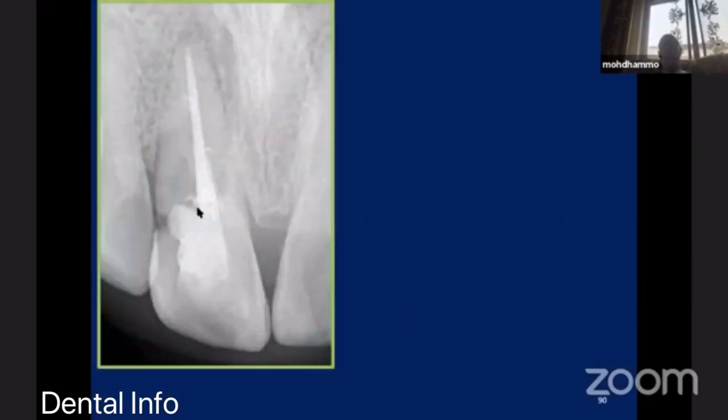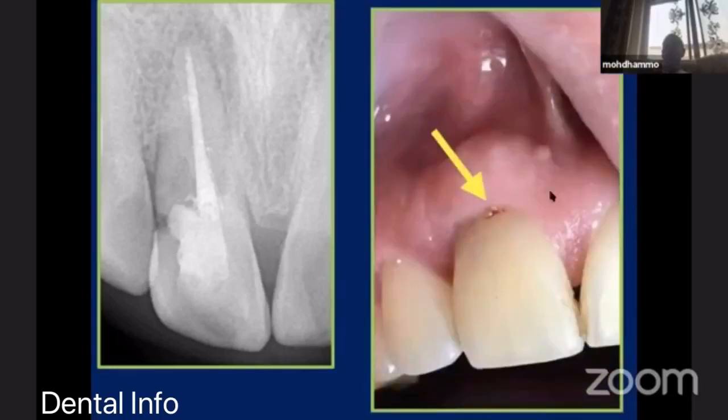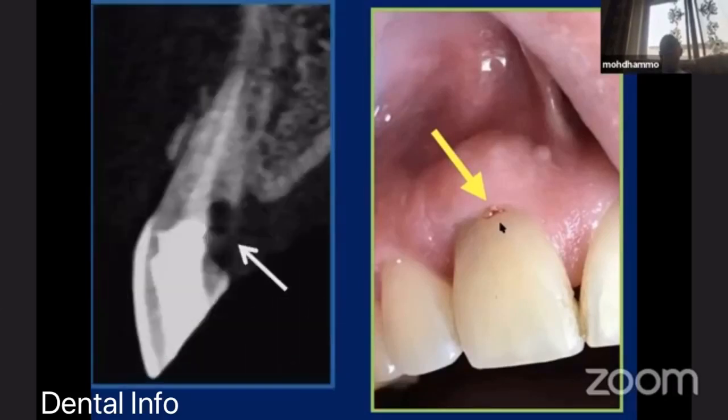In this two-dimensional X-ray, we have this radiolucency. This is clinically, and you can see the pink spot. Once I see this pink spot, it is a bad sign of cervical resorption. It means we have a resorption, and with the cone beam you can see a big resorptive defect.